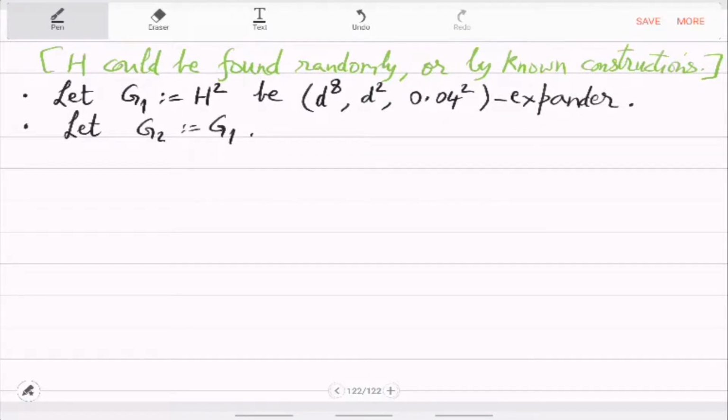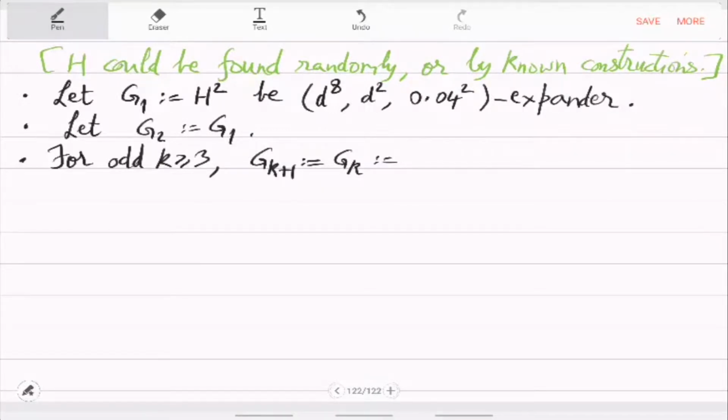Also, for technical reasons, we will keep G1, G2 equal and then G3, G4 equal and so on. So, let G2 remain G1. For odd k, the definition is GK plus 1 is the same as GK.